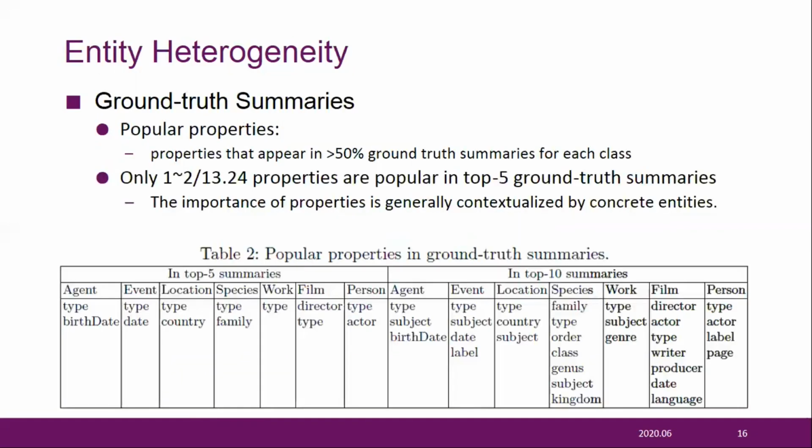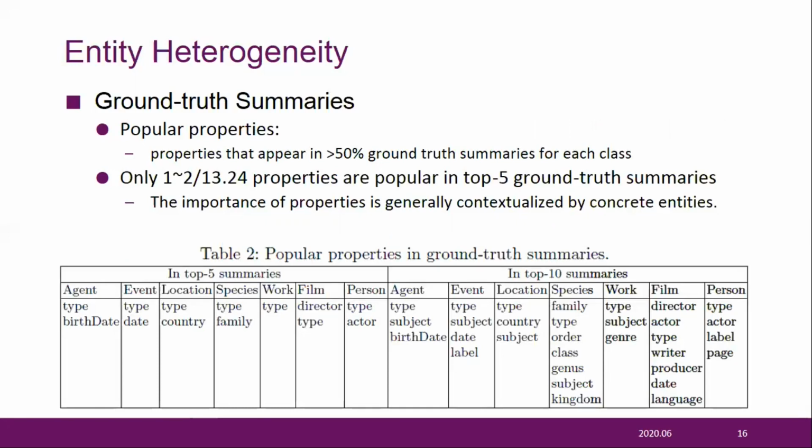For ground truth summaries, we list the popular properties that appear in at least 50% of the ground truth summaries for each class. In this table, you can see universal properties like RDF type and also class-specific properties like birth date for agent, family for species, and so on.